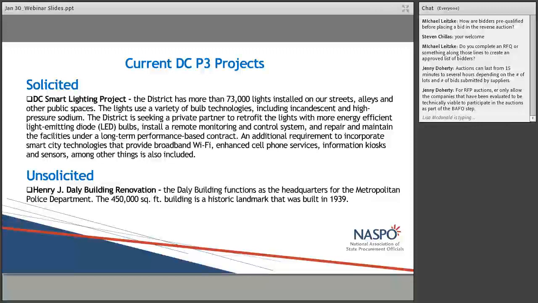When we do IFBs, which is the format where basically the low bidder wins, which we'll use sometimes for commodities or materials, we spell out that we're going to do an auction as part of the solicitation package information, and we do a first round outside of the auction where we then test for responsiveness and responsibility, and then the second round of bidding is conducted through a reverse auction. So in between the first and the second step is when we do the training.